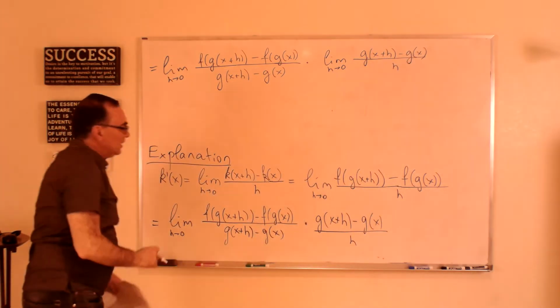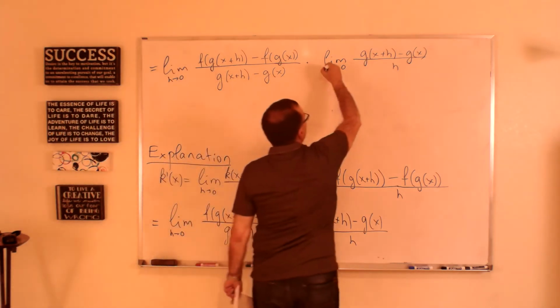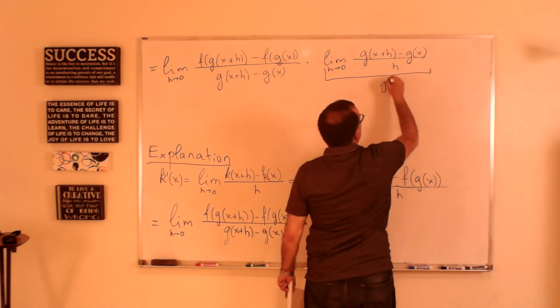Now here's what we have. The second limit is precisely the definition of the derivative g prime of x.